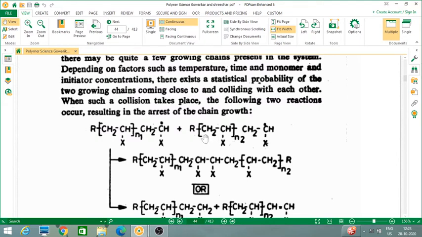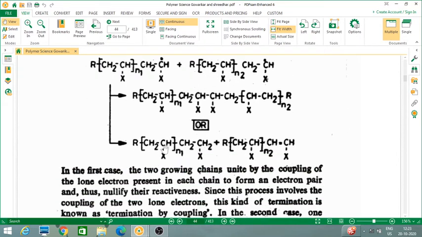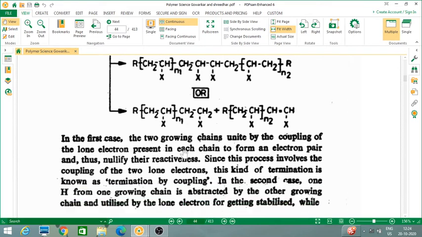So, this is termination by coupling. But in another case, one gets stabilized by giving one hydrogen to the other growing chain and getting a double bond, and the other getting a CH2, and that's how they are stabilized. This is another case.